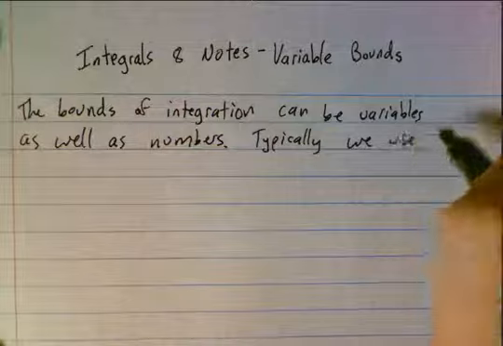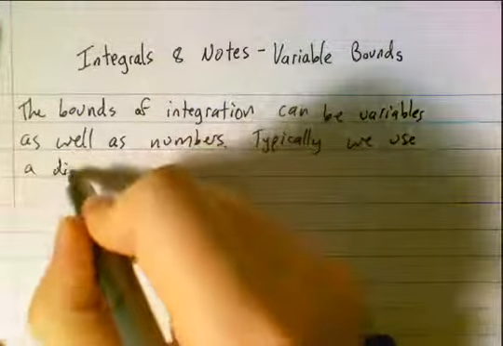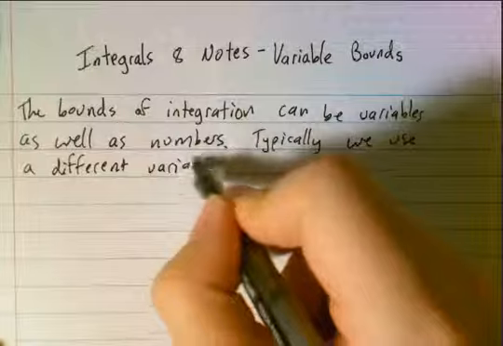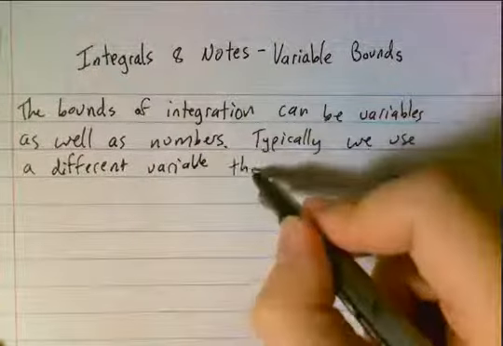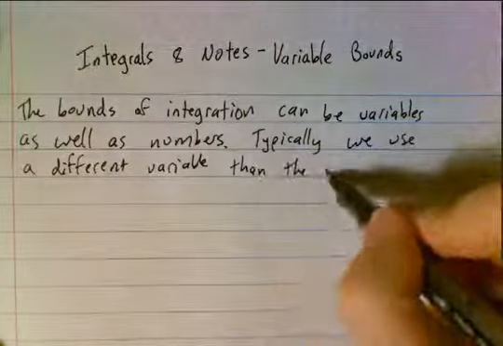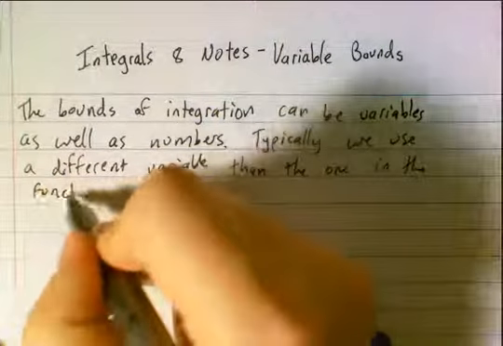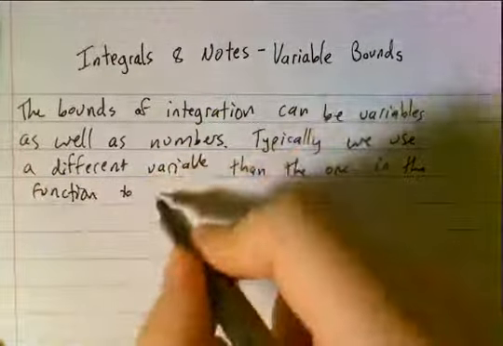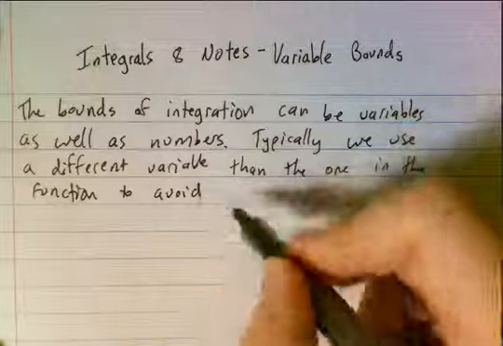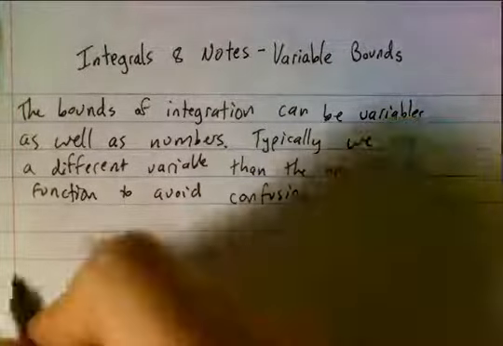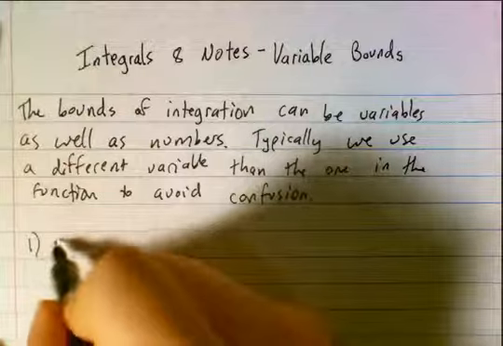Typically, we use a different variable than the one in the function to avoid confusion. So it's entirely okay for us to have problems like this.